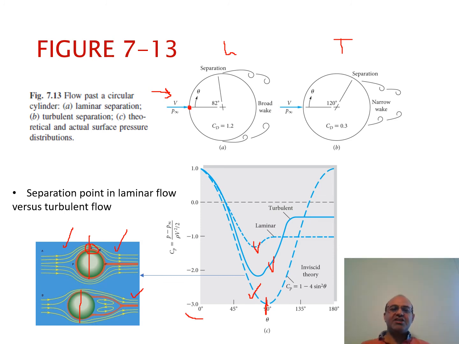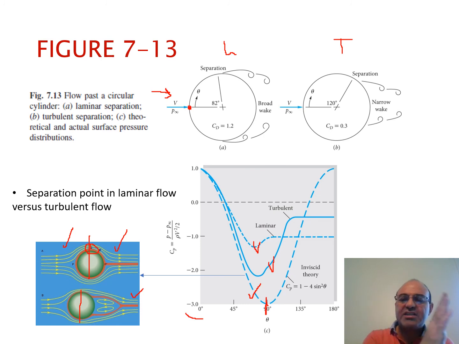So this suggests that the separation of the boundary layer from the boundaries of the object actually occurs at different angles. This theta angle is measured with respect to this point. For a laminar flow, the separation occurs at an angle usually less than 90 degrees. So, for instance, it occurs here.